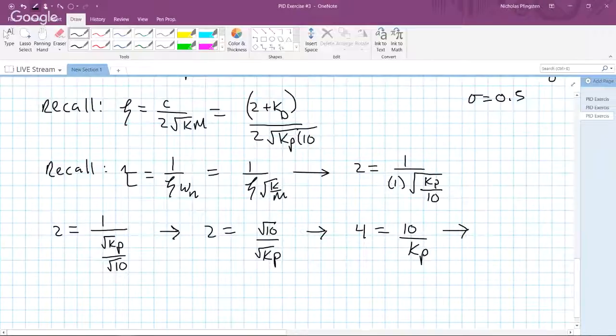Do it again, we'll have 4 kp equal 10, and then we'll have 10 divided by 4. So what is 10 divided by 4? 2.5. So this turns into kp equal 10 over 4, or kp equaling 2.5.